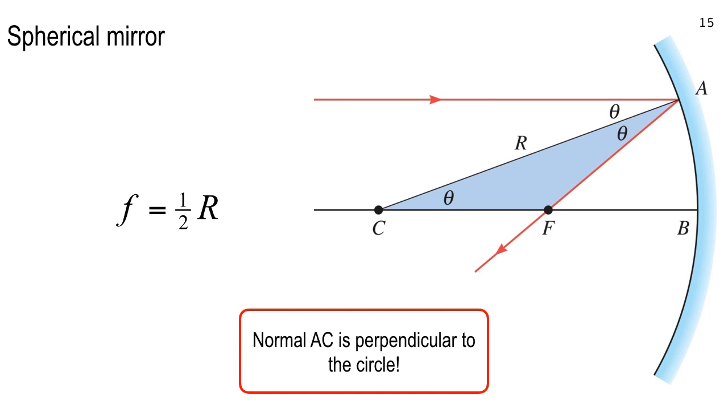If you don't have paraxial rays, you're going to get some distortion, some spherical aberration, because they won't all focus at one point. So go ahead and write this down. It's not in the notes, but here's the law. The focal length is F. It's 1/2 R. And so this point F here is the focus, or the focal point of the spherical mirror. C is the center of curvature.